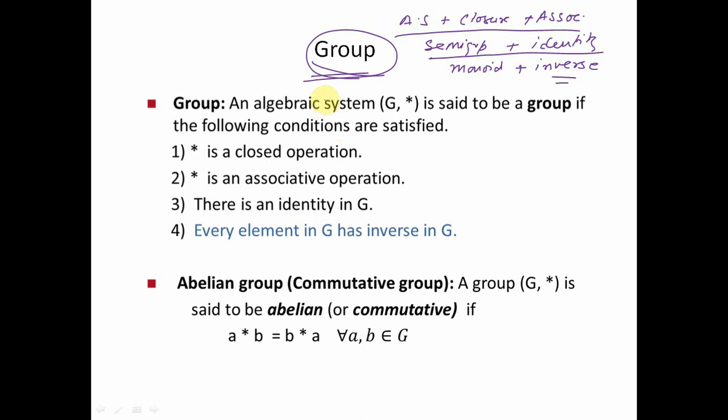So for the algebraic structure to be a group, the binary operation must be closed, must be associative, there must be an identity element, and each and every element must have an inverse. And if the operation is also commutative, then it is said to be an abelian group or a commutative group, right?